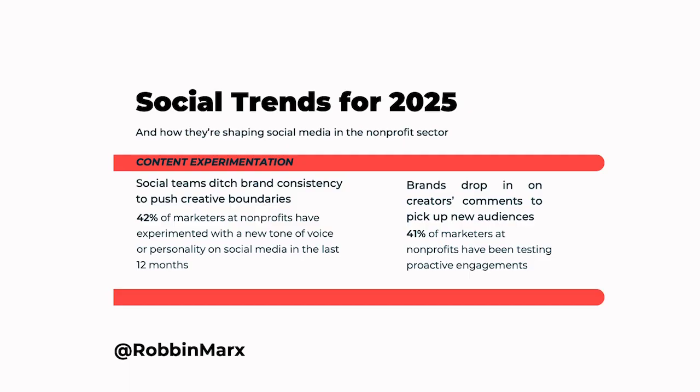So these are some of the social trends for 2025 and how they're shaping social media in the nonprofit sector. One of the big things is content experimentation. This is something that I've been on the hilltop, literally screaming with a bullhorn for nonprofit organizations to do.